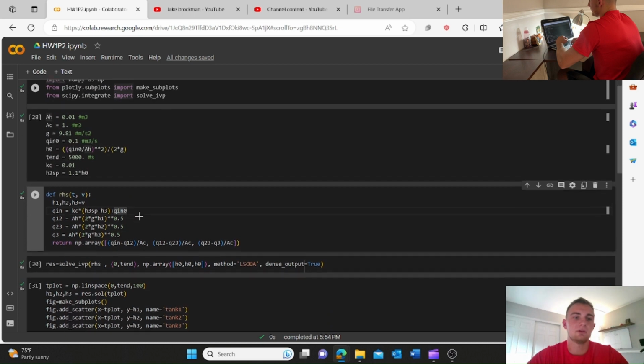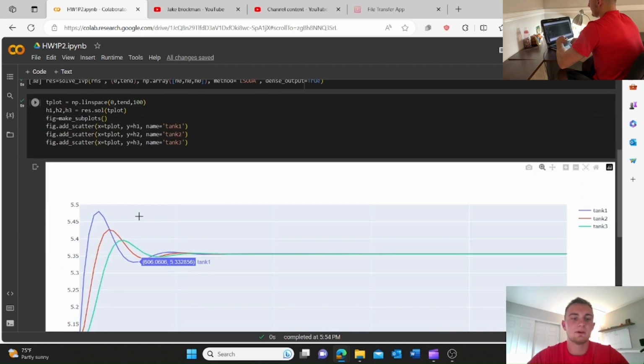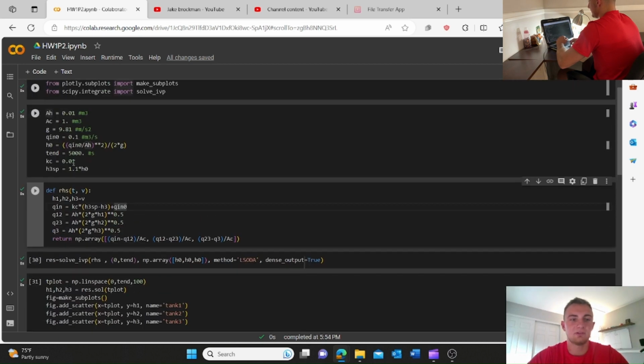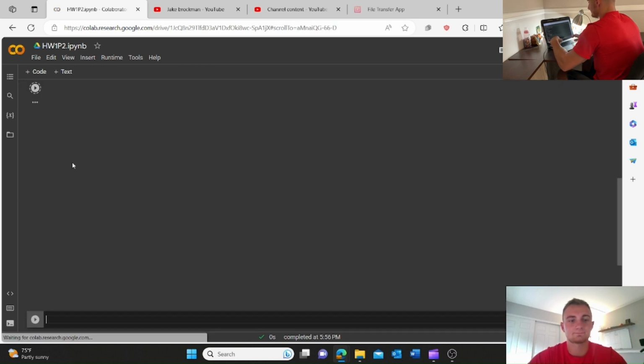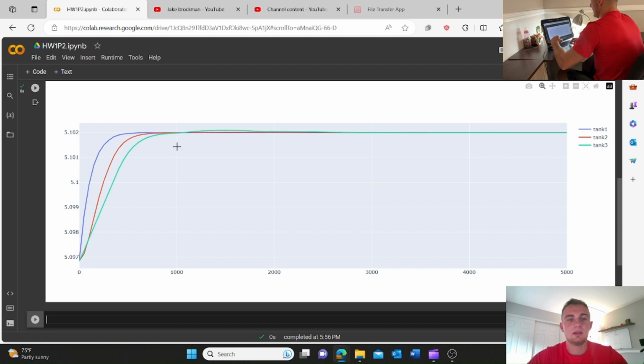So what we can do is change some KC values here and see how this changes. Let's go to a really small one, 0.001. As you can see, less oscillations, so we're not overshooting as much and having to correct for that. But we're much farther away here. It looks like we get to steady state a little before 3,000 seconds.